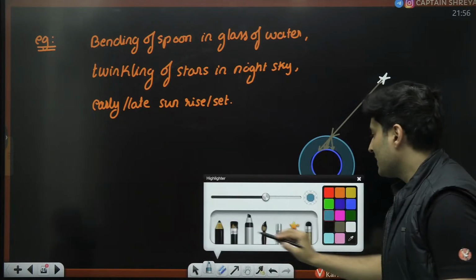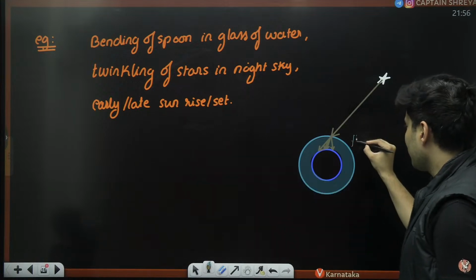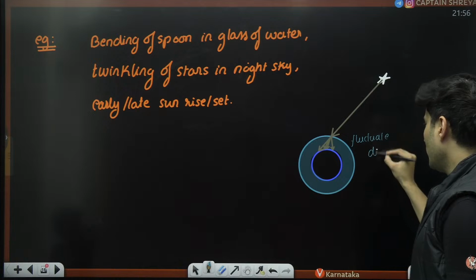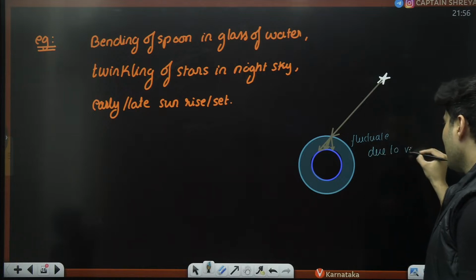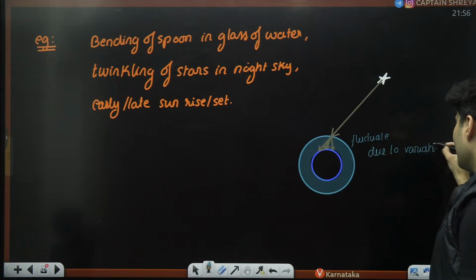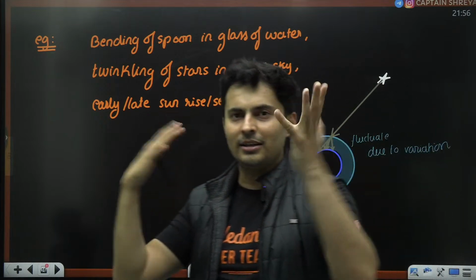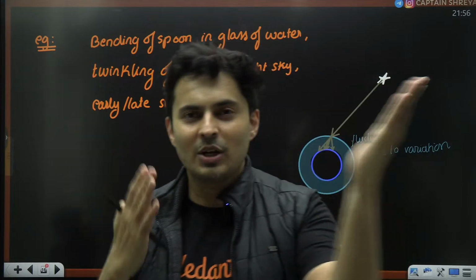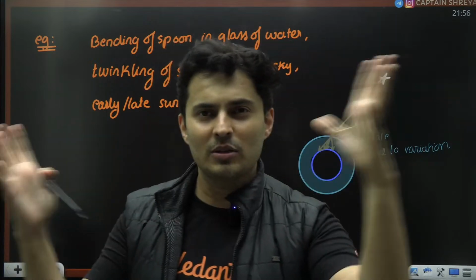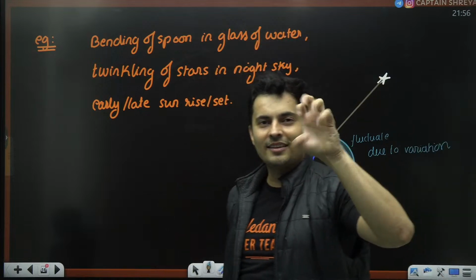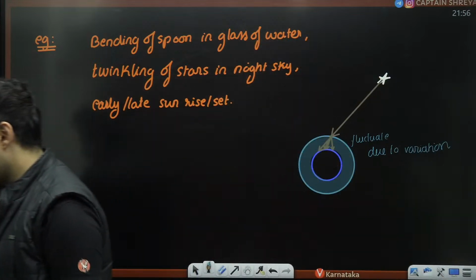They keep fluctuating due to variations, and that is why sometimes the light will enter and then it will not enter, then you will not see it, again see it, because the light is going here, there, because of the variations in the wind. And that is the reason why you see the stars twinkle in the night sky.